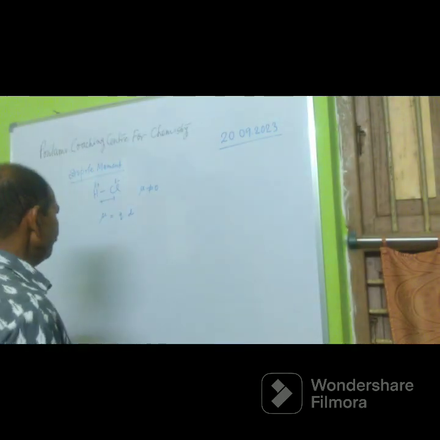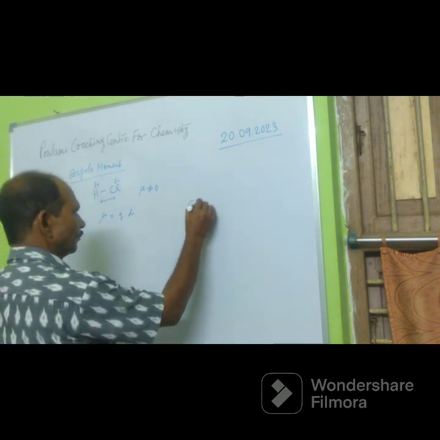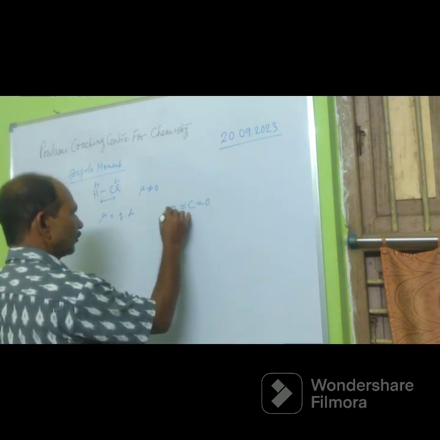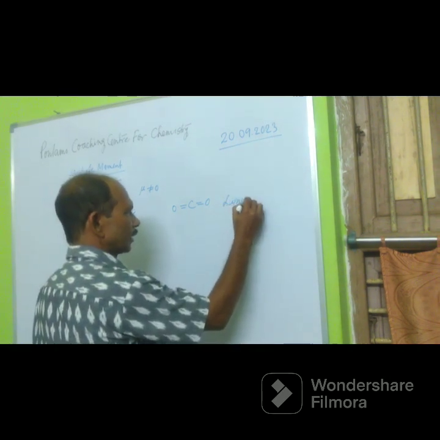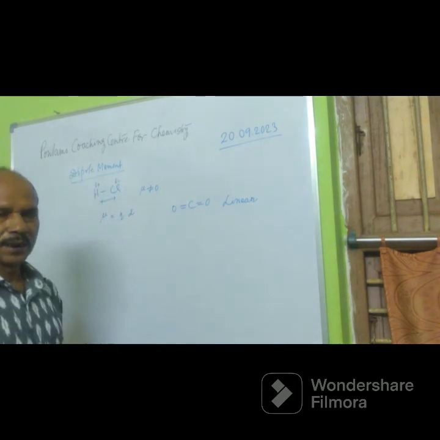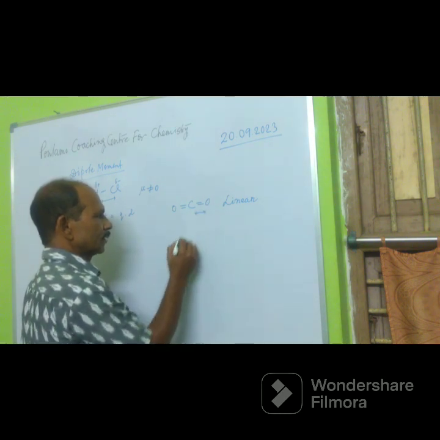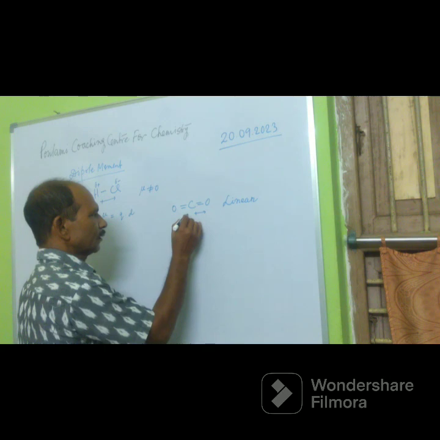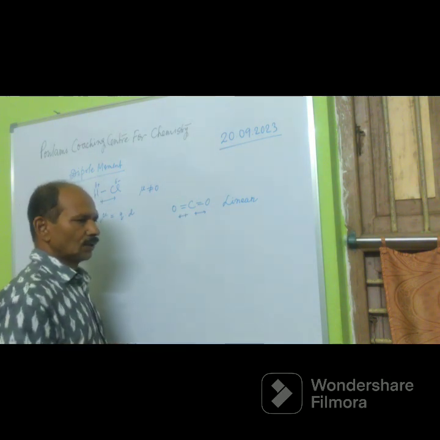If we consider another molecule like carbon dioxide, what is the structure of carbon dioxide? We know this is a linear structure. Okay? One bond moment acts towards this side and another bond moment acts towards this. We know oxygen is more electronegative than carbon.